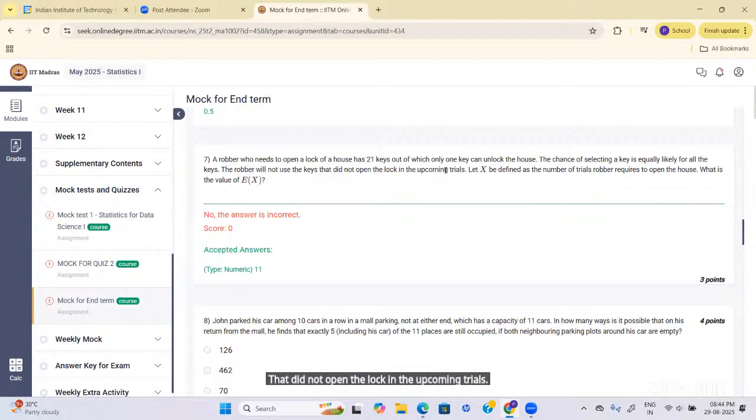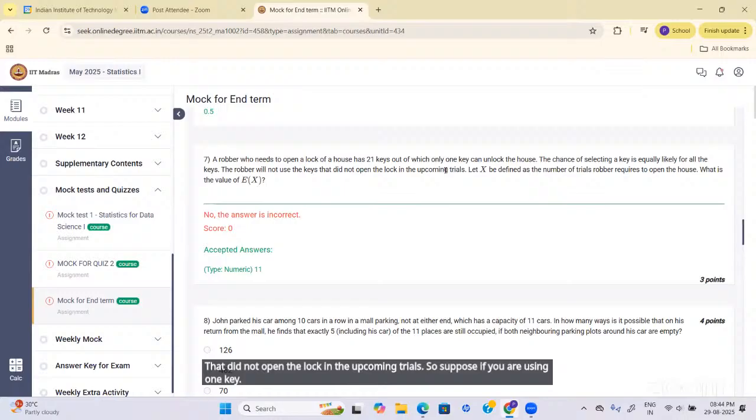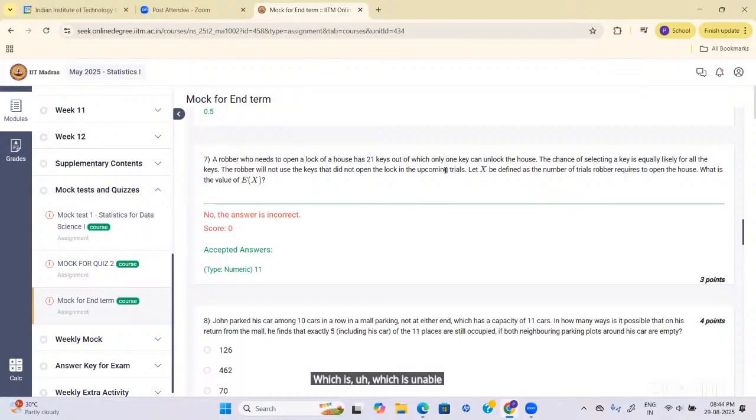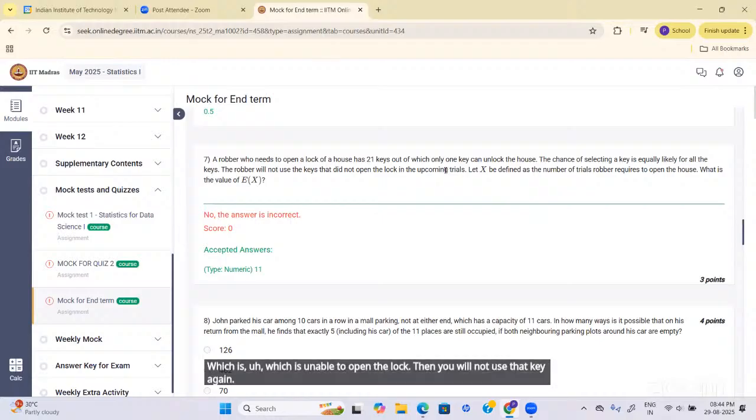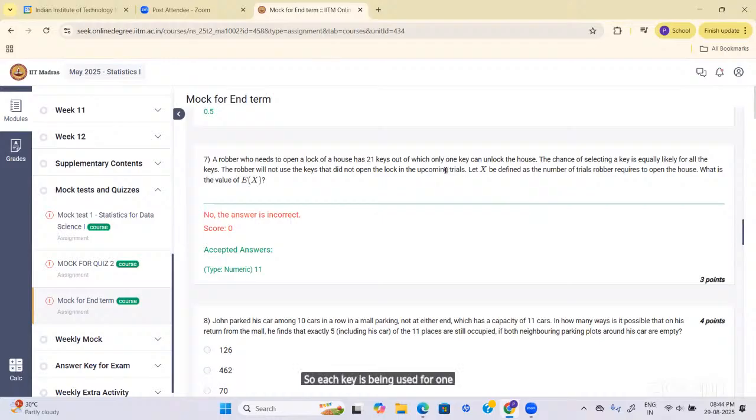So if you use one key which is unable to open the lock, then you will not use that key again. So each key is being used one time. So you have 21 different keys, and you can try all the keys at most one time.